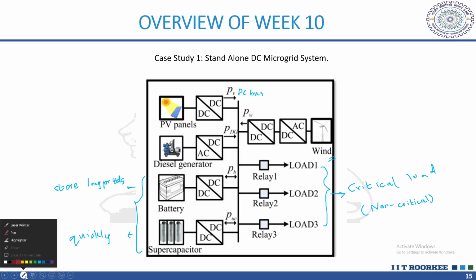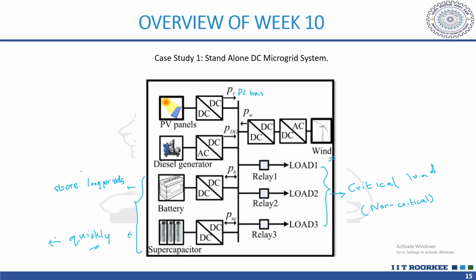Okay, so here I was saying that in case of transient conditions, when the grid wants quick support, you will use the supercapacitors.